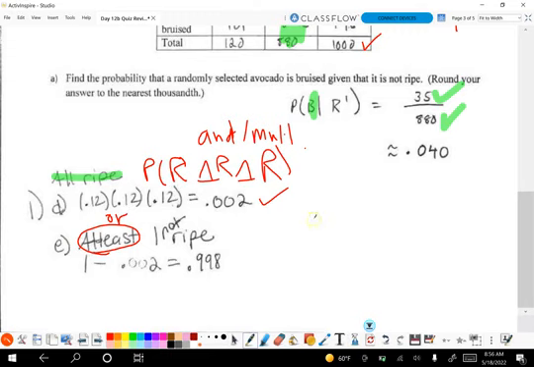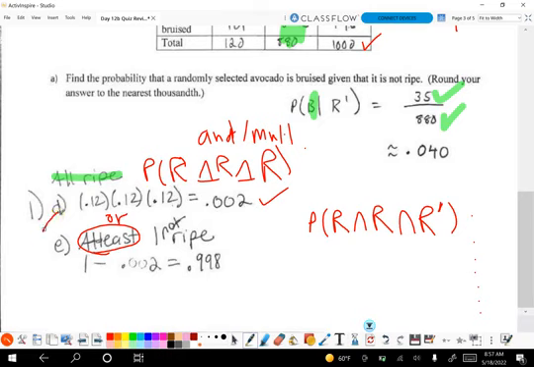I would have to do about 7 if you do each one individually and then add them up. For example, the probability of being ripe, intersection with the probability of being ripe, and at least 1 has to be not ripe, so then it would be the complement of ripe. But I would have to do this about 7 different times and add up the different probabilities, because or means add. But I can do it a much easier way.